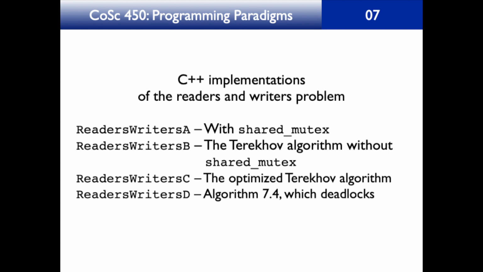And then also, as a little final demonstration, we will take a look at the Readers Writers D project. And what I've done here is I have actually implemented algorithm 7.4, the one that we just looked at, which is correct for Hoare semantics. And we will see that if you implement that algorithm with Mesa semantics, the algorithm actually deadlocks.